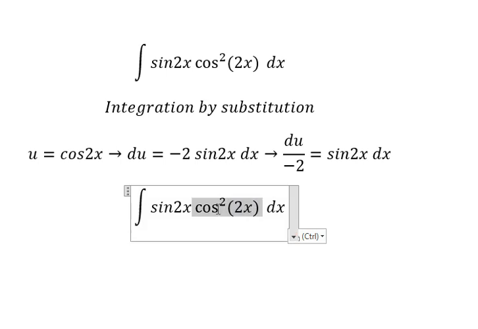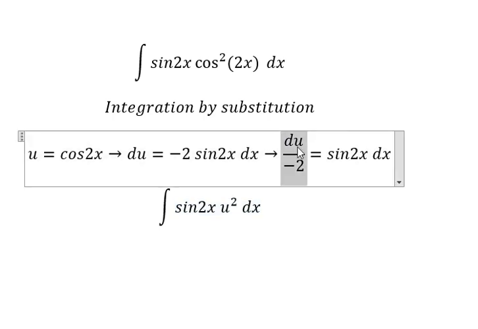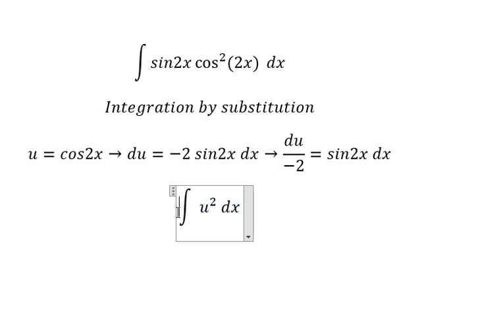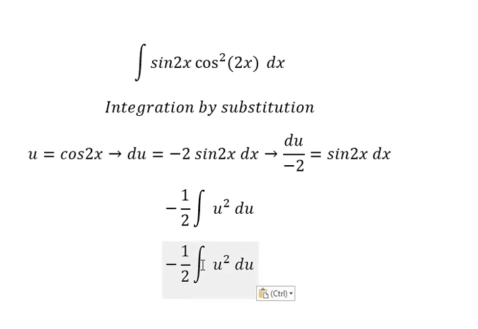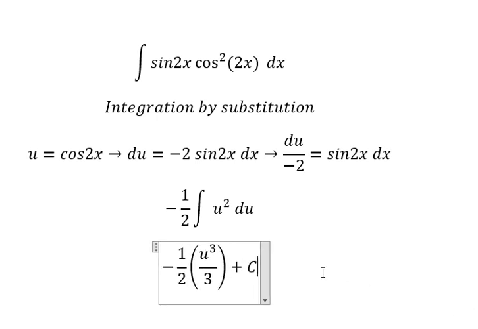So this one, you got u square sine 2x dx, we change by du over negative 2. The integration of this one, you got u to the power of 3 over 3, and we put c.